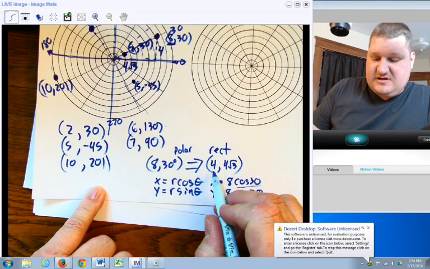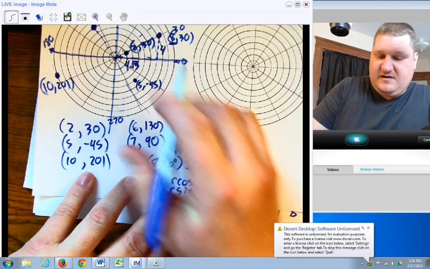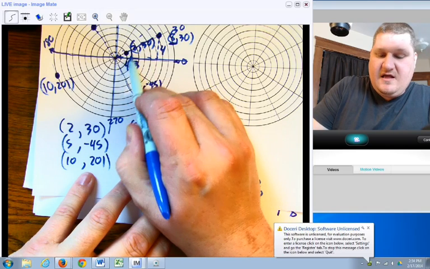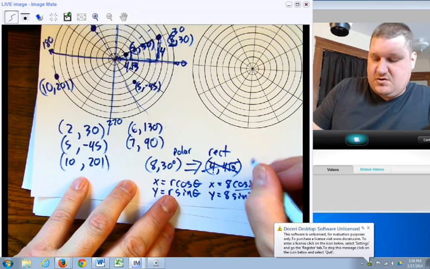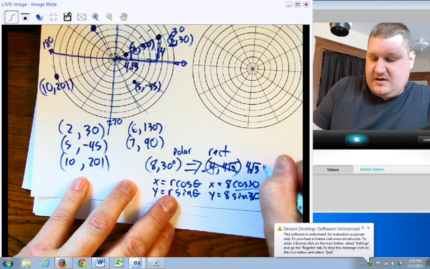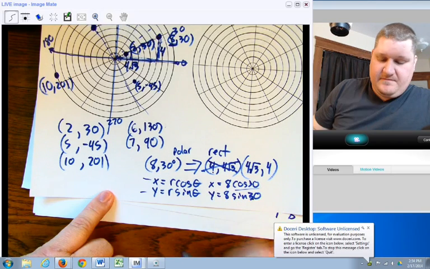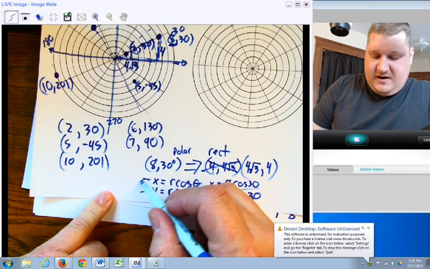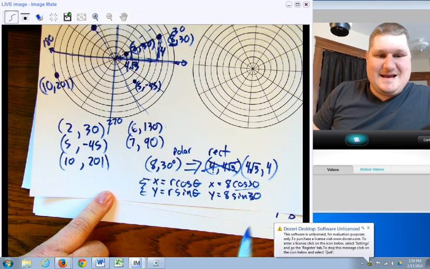You'll notice I put the 4 in the x spot. That is not correct, because if this is 30 degrees, this adjacent side is going to be longer, the opposite side is going to be shorter. So I apologize. It is 4 root 3 comma 4. That's your rectangular form, but it's using the same formulas that we're already familiar with. So converting from polar to rectangular, not a challenge.